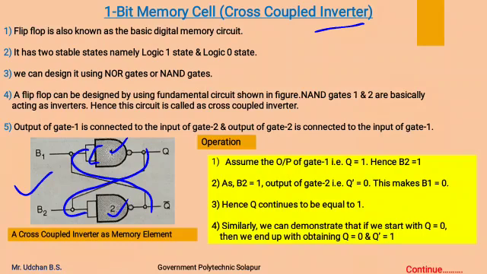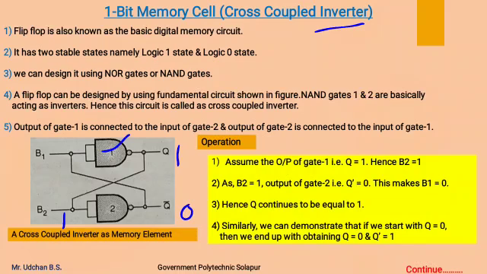Now you will see the operation of this memory cell. Assume output of gate 1, that is Q, is 1. Hence B2 will become 1. As B2 is 1, the output of gate 2, that is Q complement, will become 0.